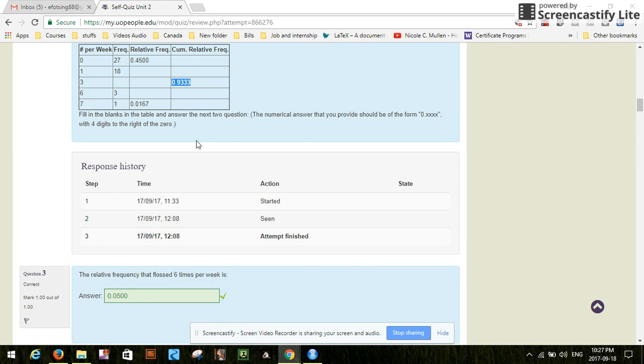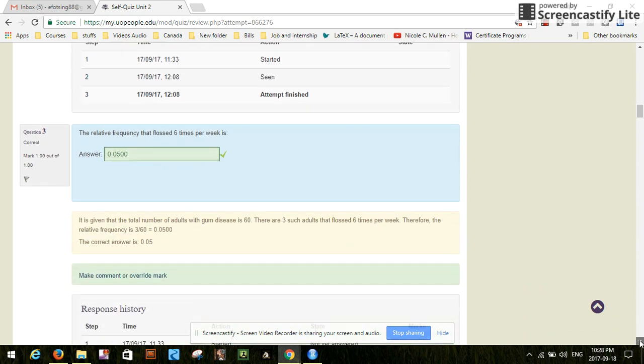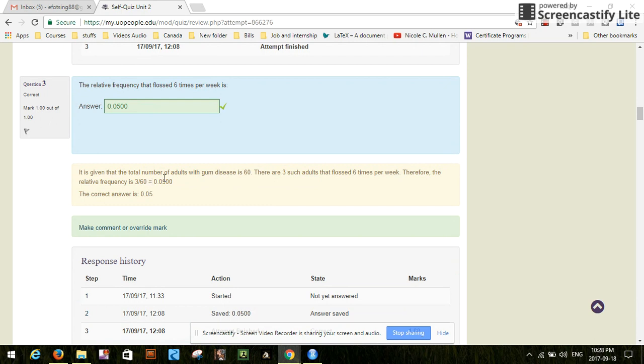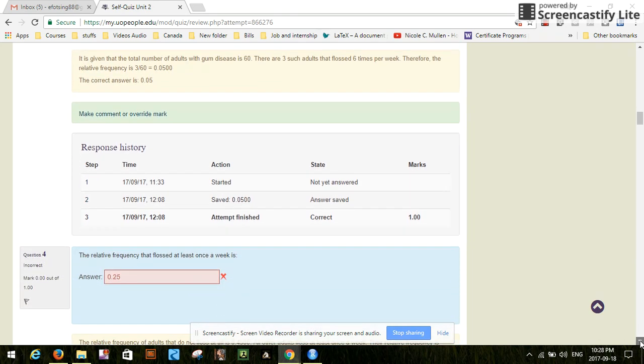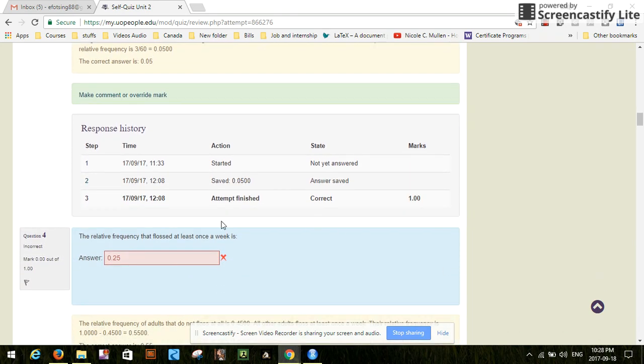And we know that there were 60 adults. If you want the relative frequency, you only have to divide the occurrence, which is the frequency, by the total number available, which is 60. That's why you have this 3 divided by 60 that gives you this answer. So again, relative frequencies.